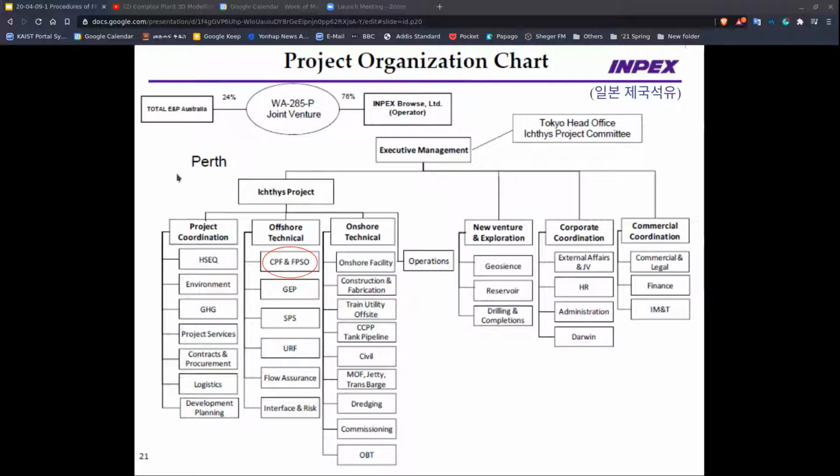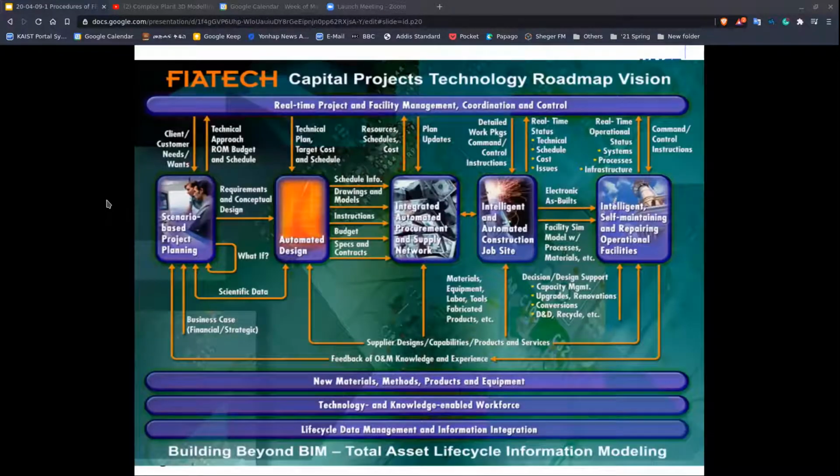As you can see, circled in red, CPF and FPSO are one part of the big organization. And this is the chart of the overall flow. And this one is from FIATECH, an organization which specializes in BIM.